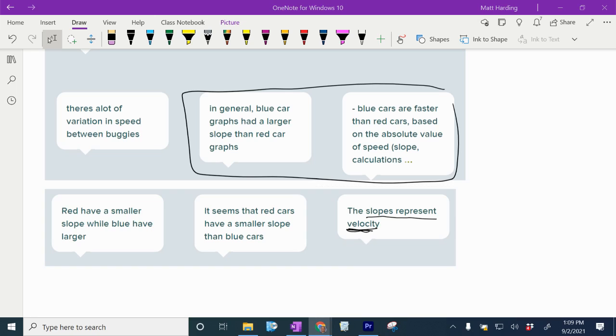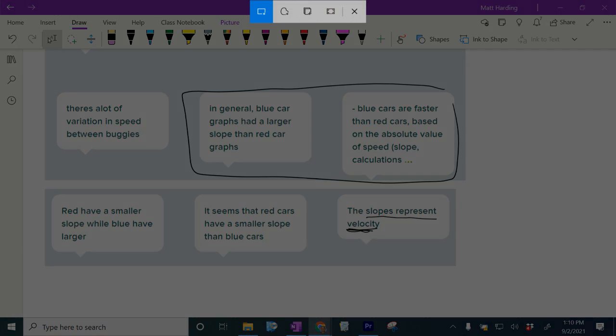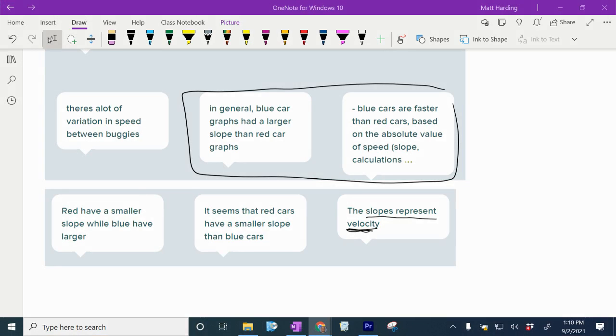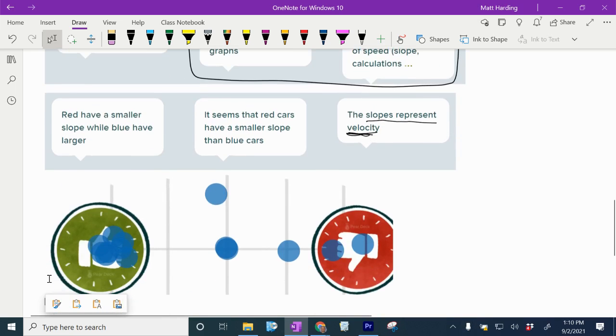If we want to call the slope on a position time graph velocity. Somebody's proposing a term, velocity, and they want to define that as the slope on a position time graph. You cool with it? Polls are closing. All right. Votes are in, and we're agreeing with that.